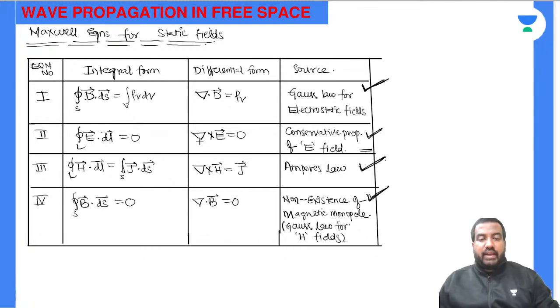Out of these four equations, these dot product equations will not be changed. They will be as it is. These two equations will be changed.